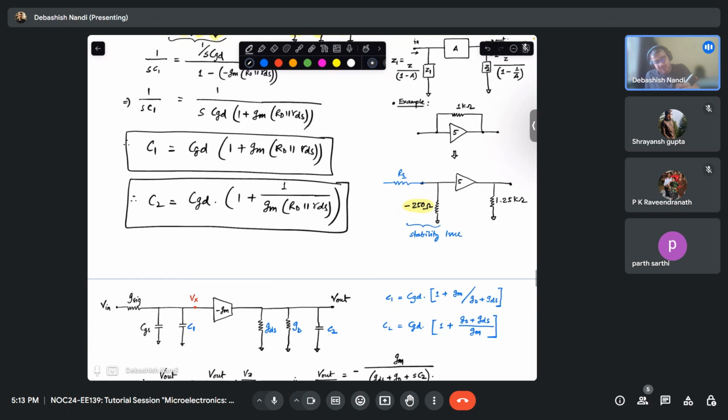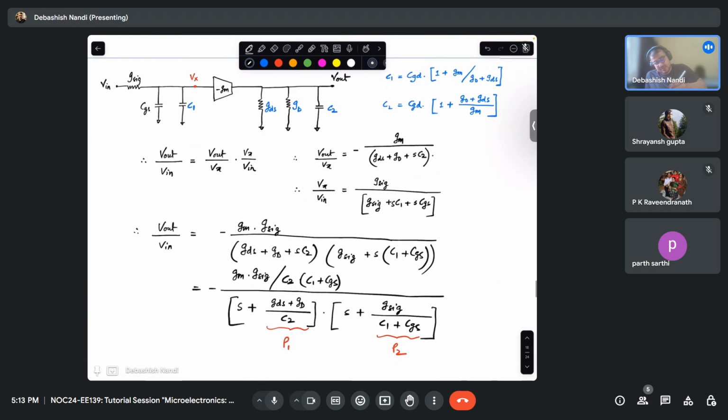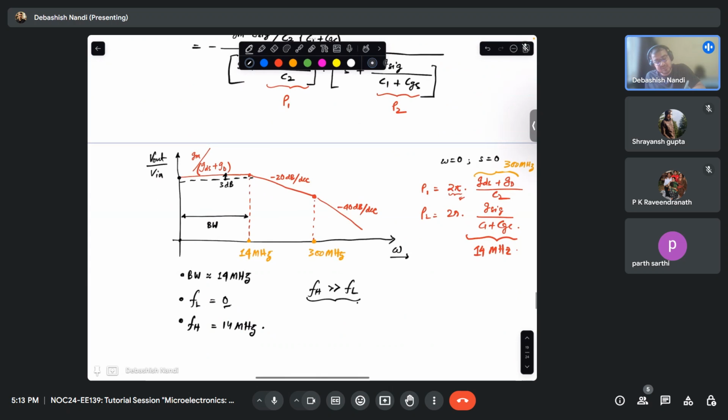You see that your pole one is what? Two capacitances, and then multiplied by G sig, which is nothing but 1 over R sig, right? RC, that is a time constant, tau, that is the pole. 1 over tau is your pole. Similarly, in this case also, two resistances in parallel, and then one capacitance, 1 over RC. Same stuff, 1 over tau is your pole location.